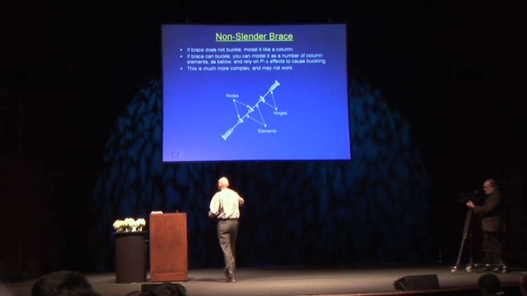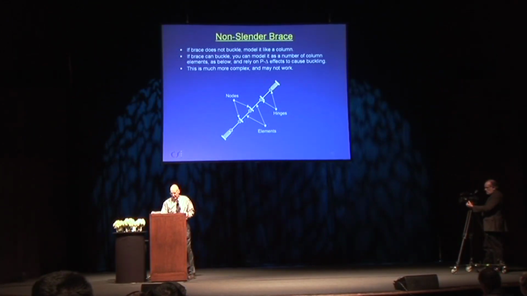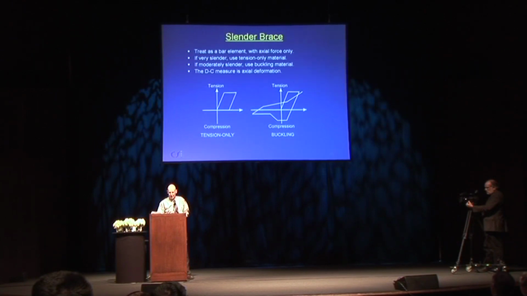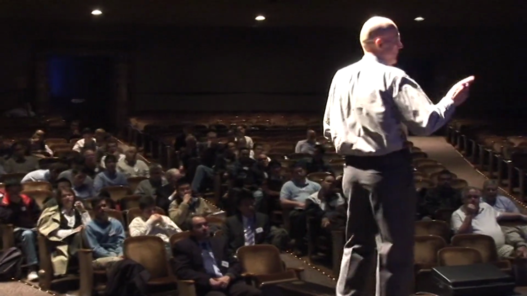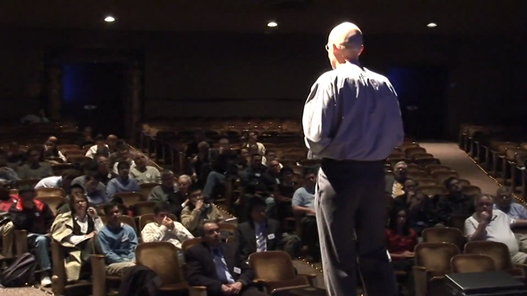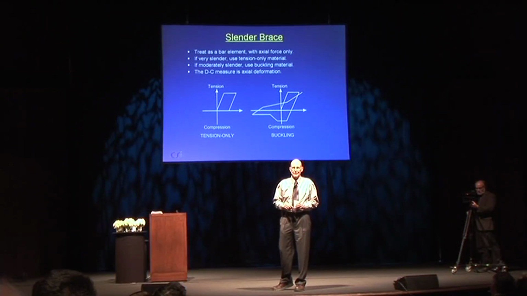But if you have PM interaction that's got a lot of bending stiffness, but it still buckles, you could just treat it as an axial member, which has got something like this. And if you wanted some bending stiffness and axial buckling, maybe you could put two members in parallel. One of them could be a column with plastic hinges but no axial stiffness, in parallel with something which has got axial stiffness and no bending stiffness, and maybe you could fudge it a little bit. But if you really want to model a braced frame or a column that actually buckles, that's a tough problem, and I'm not sure exactly how to do it.